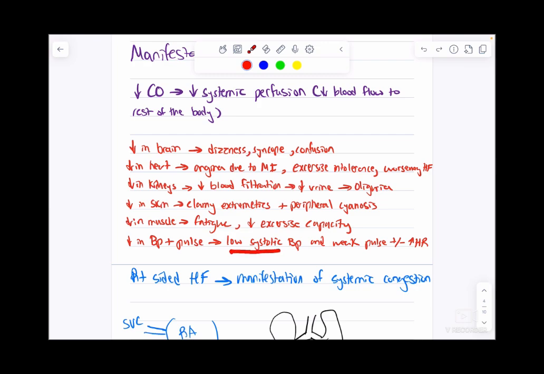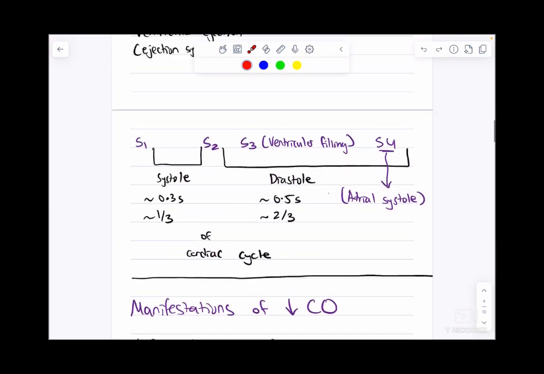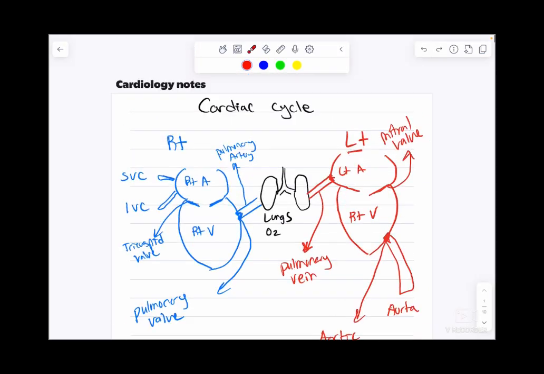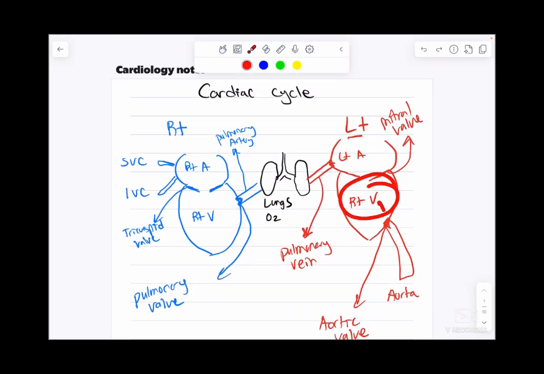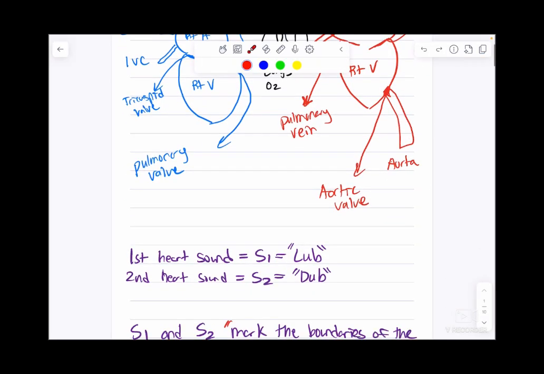We're going to have obviously low systolic blood pressure because it's related to the stroke volume, as we talked about right here. Right ventricle stroke volume pumps the blood. This is the systolic blood pressure.